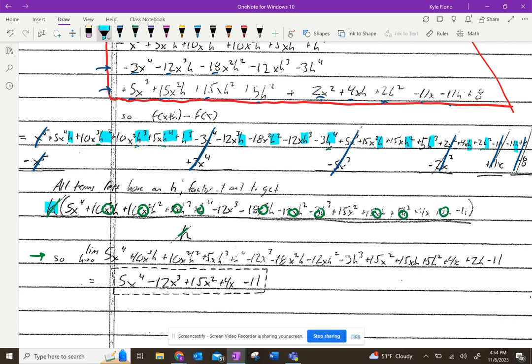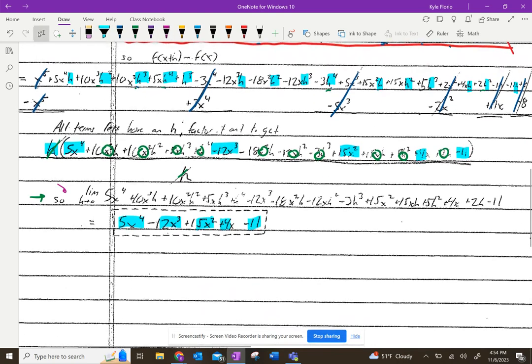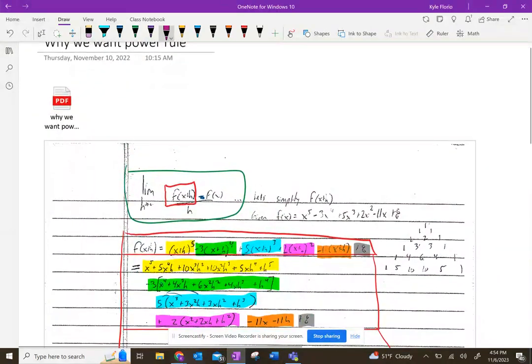So the only terms that survive are the 5x to the fourth, the 12x cubed, the 15x squared, the 4x, and the minus 11. So it looks like I did that kind of step here, but that's what we get when we take the derivative of this function, which is a lot of work.